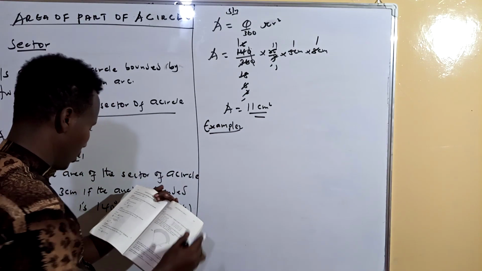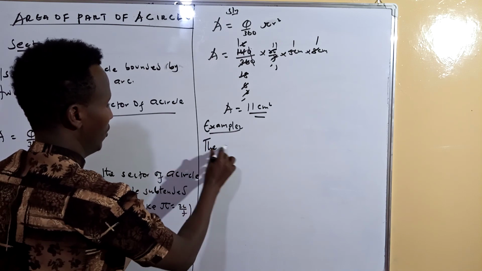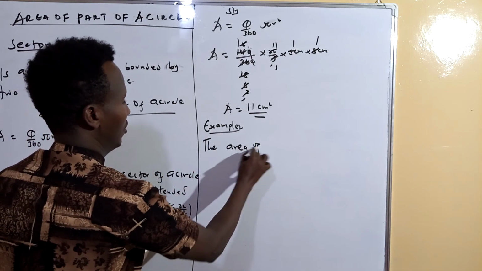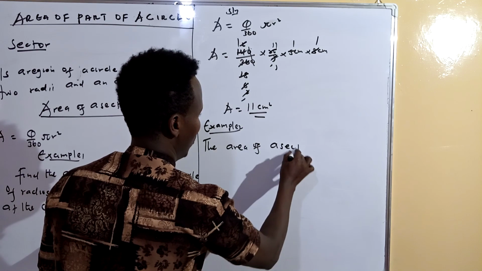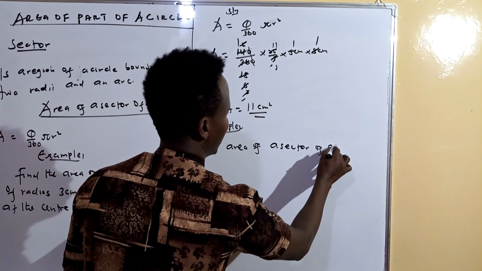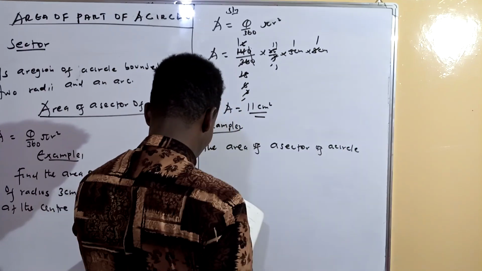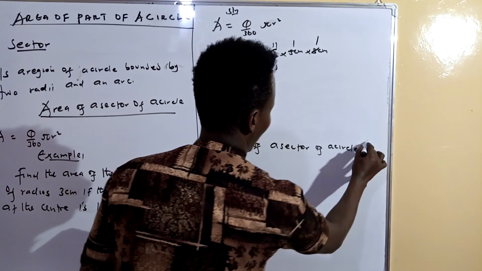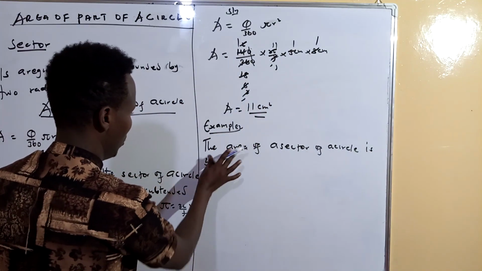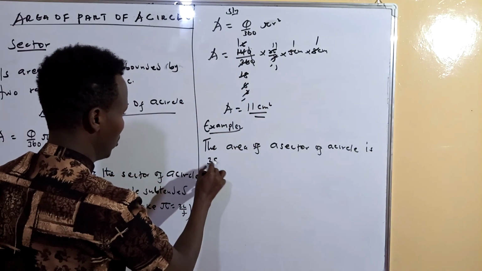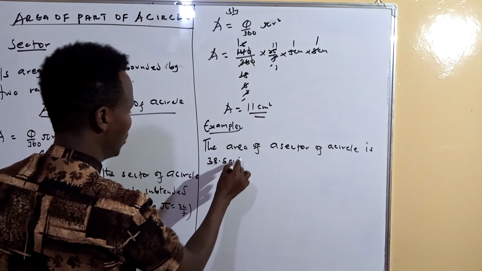Example 2. You're told the area of a sector of a circle is 38.5 centimeters squared.